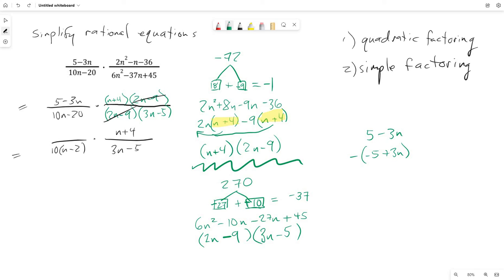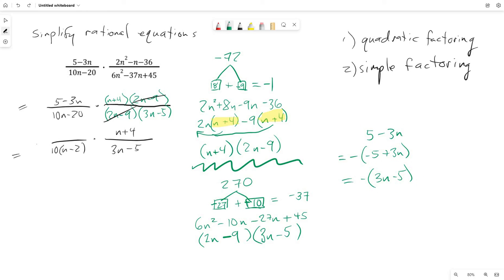I don't have to do it in this order, so it would also be equal, can't seem to write an equal sign today, there we go, it would also be equal to negative 3n minus 5. Pretty cool. As long as I have my parentheses here and my minus sign is outside of them, then these are equivalent. These are the same thing.